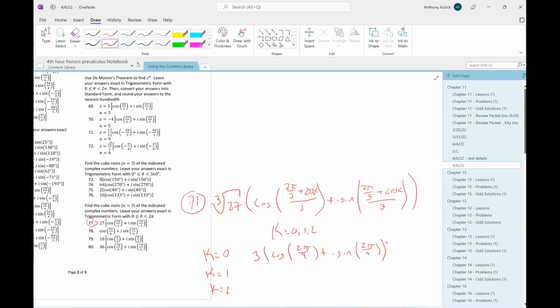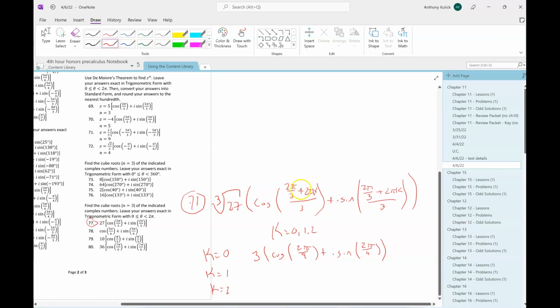I'm going to leave it a fraction in terms of pi. Cool there? Okay. When k equals 1, I'm going to have 2 pi over 3 plus 2 pi. So that's going to give me 8 pi over 3. And when I divide by 9, I get 8 pi over 9. I think.